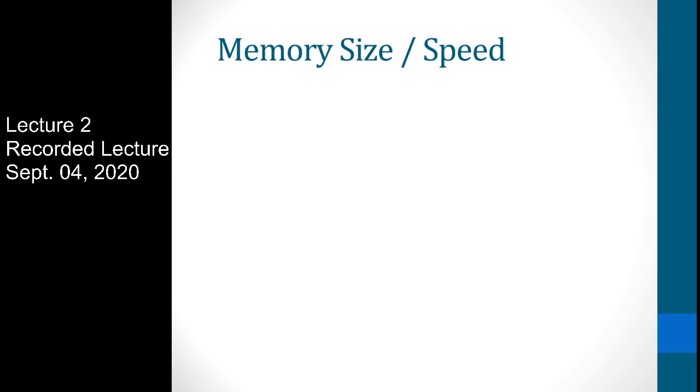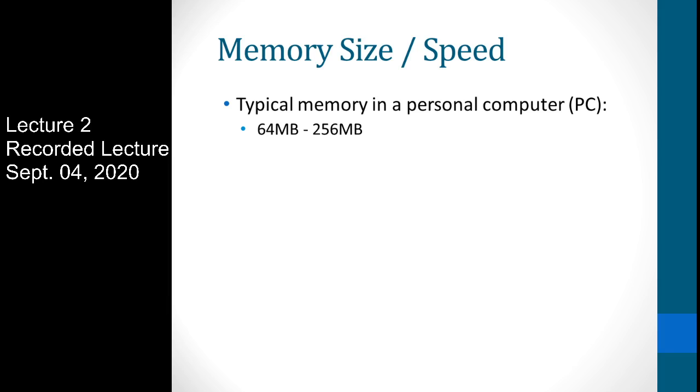Memory size and speed. Typical memory in personal computer, ayan, is 64 to 256 MB. Okay? So, siguro matagal na tong presentation na to kasi as you can see, it's 64 to 256. Pero ngayon, di ba, napakalalaki na ng capacity ng ating RAM, ng memory natin. Di ba? Ang 2 gig, napakabihira na ngayon, mababa yung 2 gig.